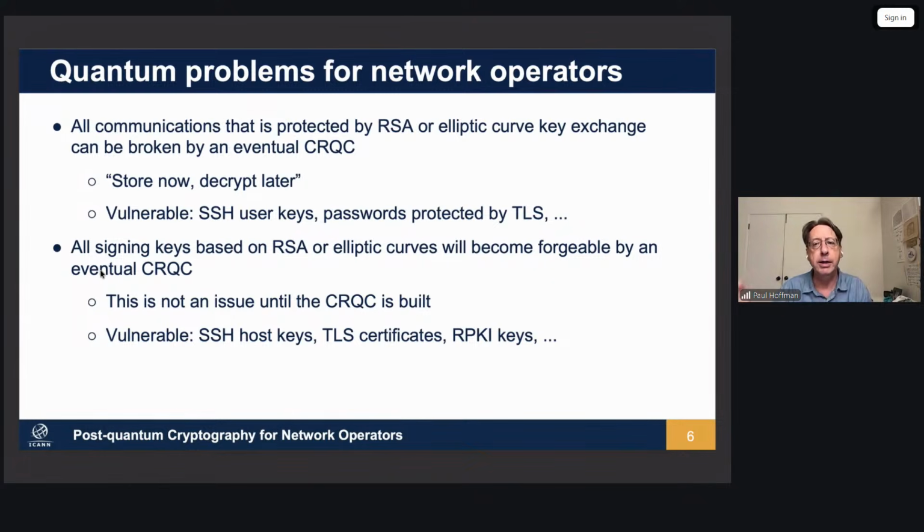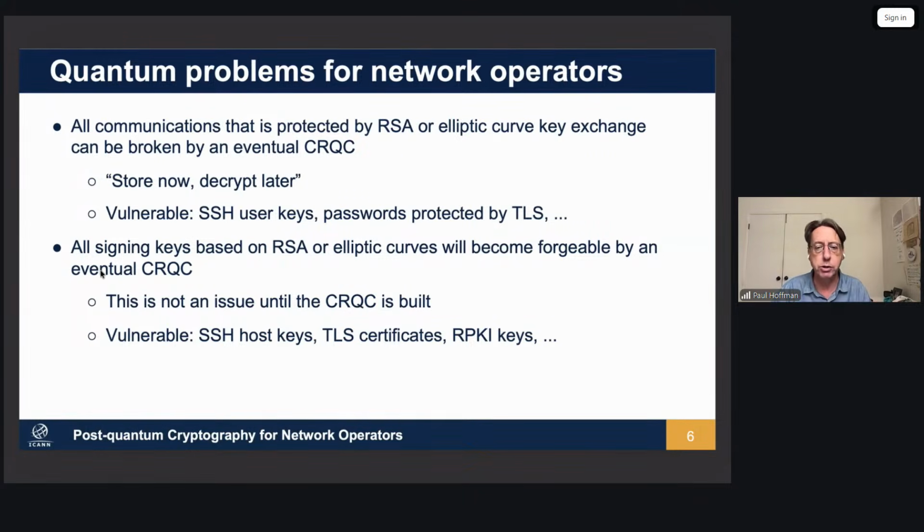The second aspect is that a CRQC can actually forge private keys. So once a CRQC is built, it can act as a man in the middle for things like SSH or TLS and such. We're used to now saying, okay, we know who both ends are.